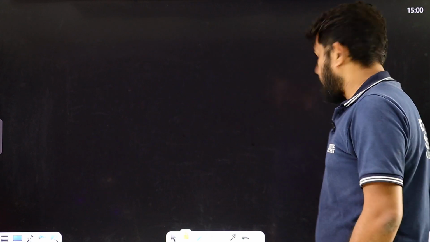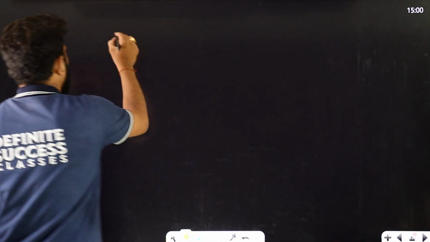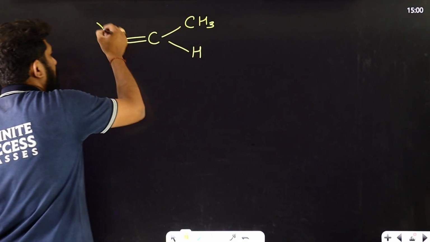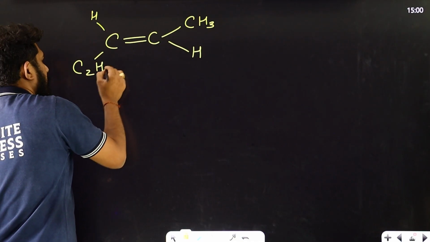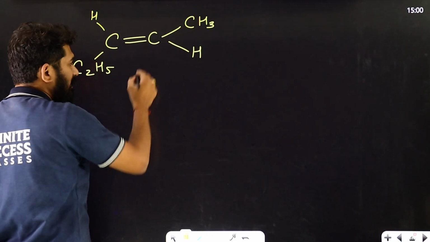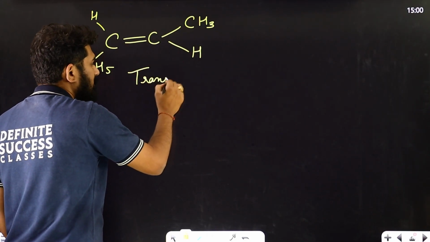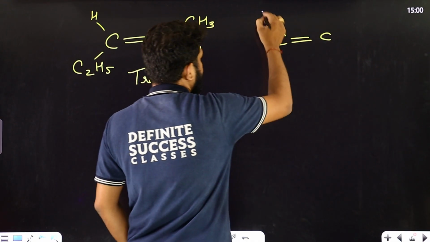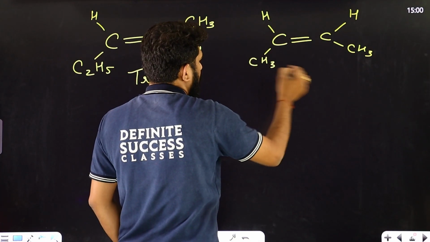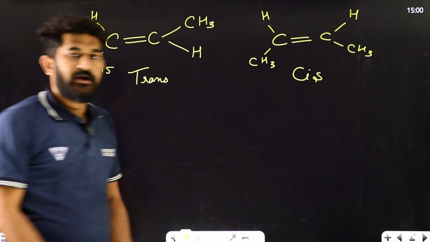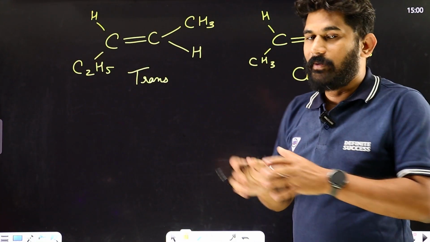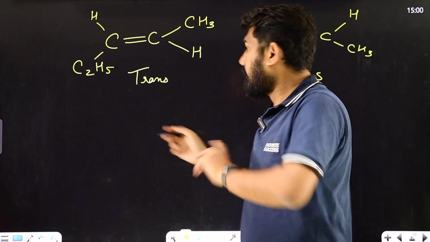Now, coming on to the next example, even if just one group is the same, like H and H here, if the H and H are on different sides, it would be trans, and if they are on the same side, it would be cis, right? This is a short example of a cis-trans isomer. So I'll cover the next topic, then we'll move back to cis-trans isomers and cover some more examples.